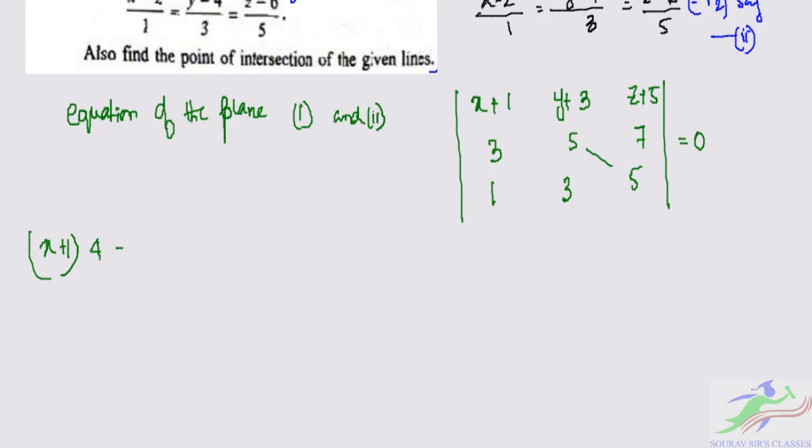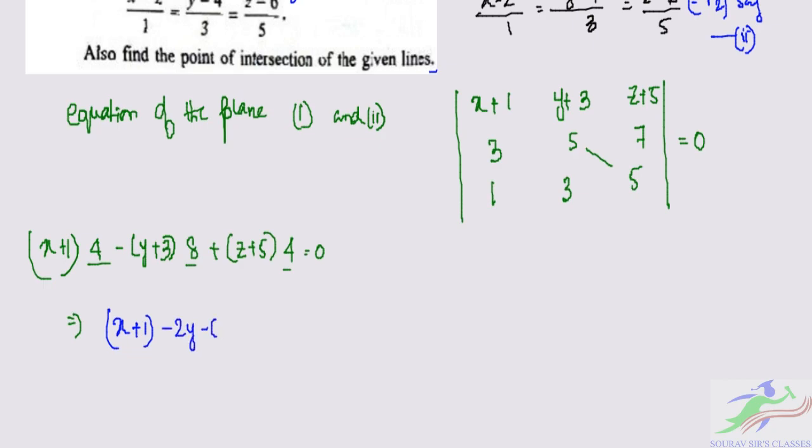Similarly, minus of y plus 3 multiplied by 8, plus z plus 5 multiplied by 4, equal to 0. From here, simplify this by taking 4 common out of it: x plus 1 minus 2y minus 6 plus z plus 5 equal to 0.